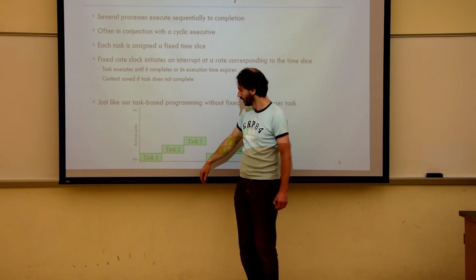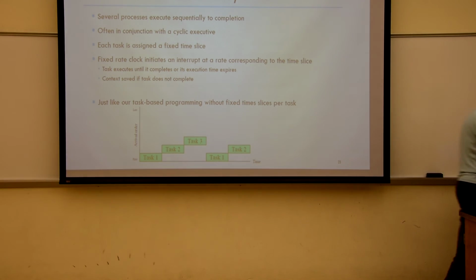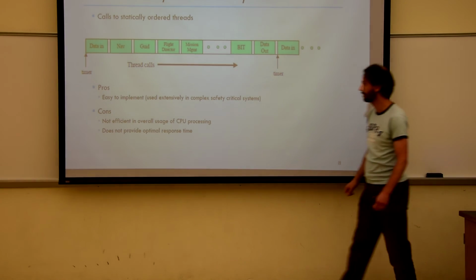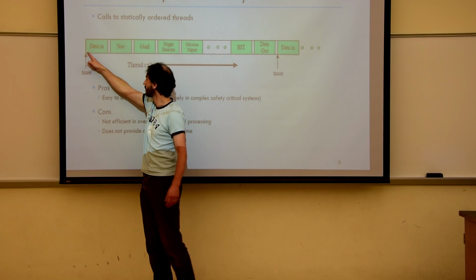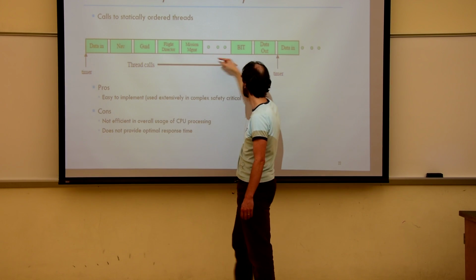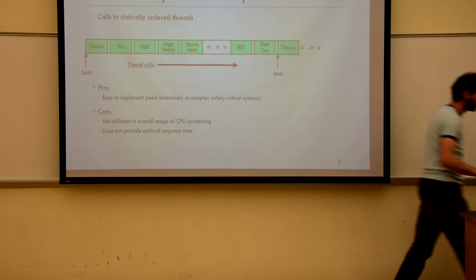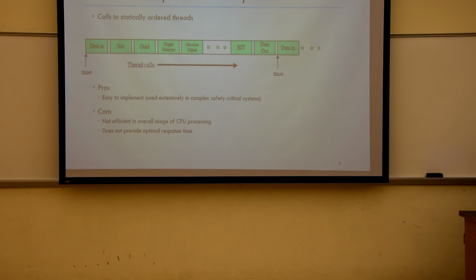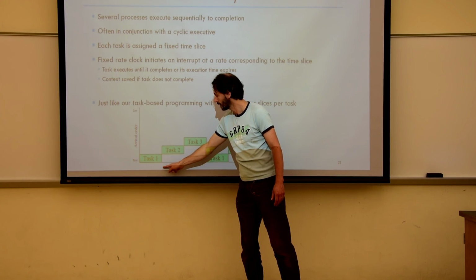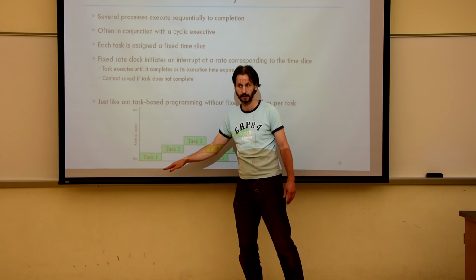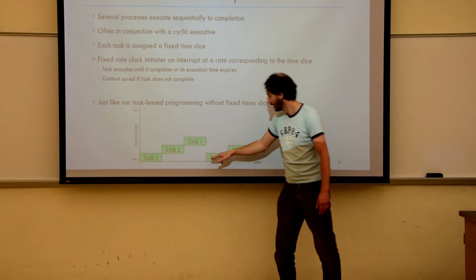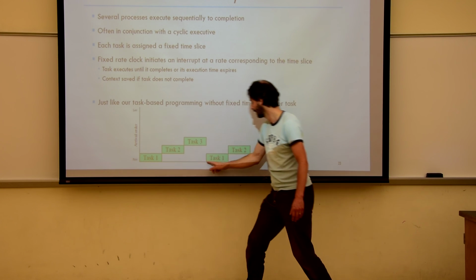In the previous one, you finish this to completion, then you do the navigation work, then you do this, then you do that, and you continue in a cyclic executive way. But over here, you interrupt the task because the time slice is finished, and then you do the next one and the next one, also in a cyclic way, and then you pick up where you left off before and continue.